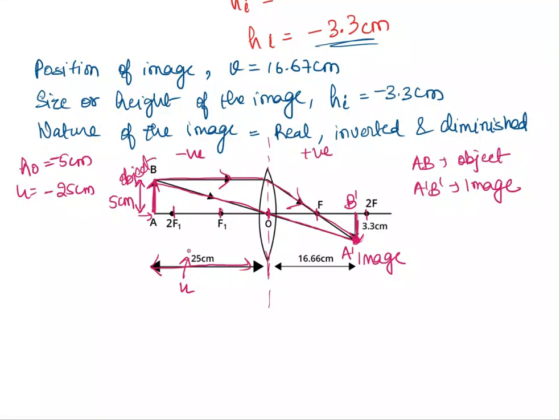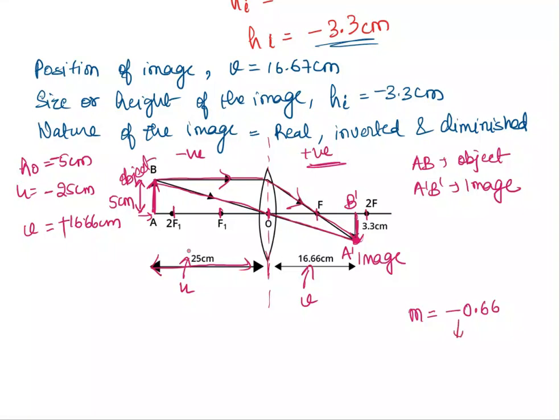Already we have found the V value. V is on the other side with respect to the object distance. So V is given as 16.66 centimeter, on the right side, so this is positive. The positive value of V indicates that image and object are on opposite sides. Also we are given the magnification, that is minus 0.66.